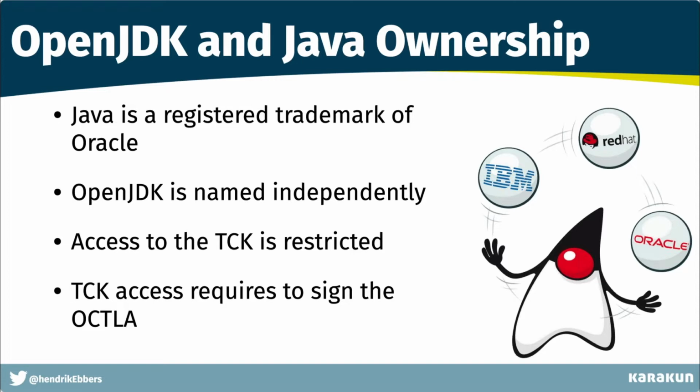And based on this, Oracle can decide who can name something a Java runtime and who's not allowed to name something a Java runtime. And when having a look at companies that have access to this TCK because they signed the OCTLA, again, the list is quite huge.